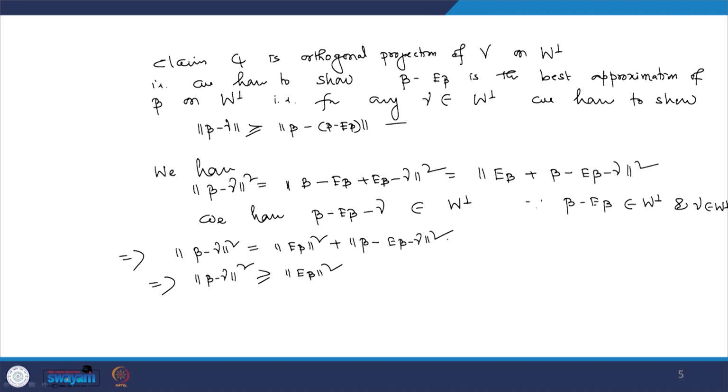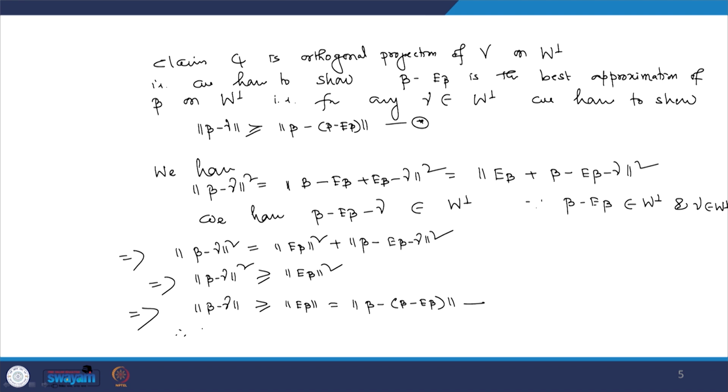Therefore norm of beta minus gamma is greater than or equal to norm of E beta, which is equal to norm of beta minus E beta. So this is basically our required result.